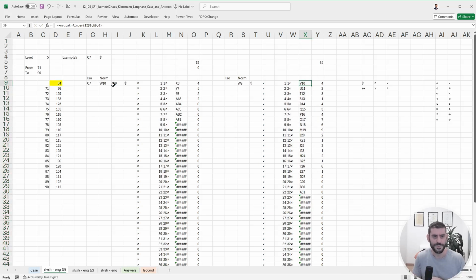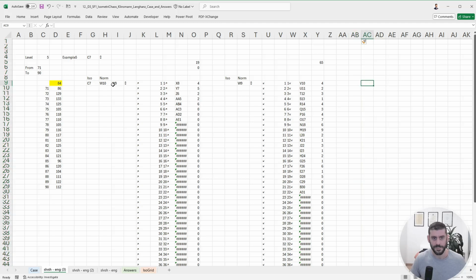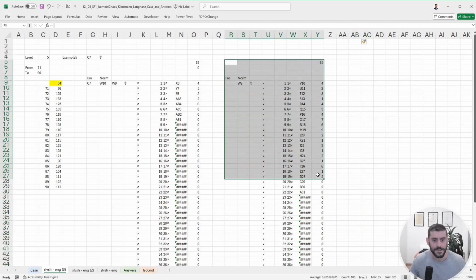Okay. And then, yeah, this is probably slow to do. I could have done a data table, but let's go with this logic.